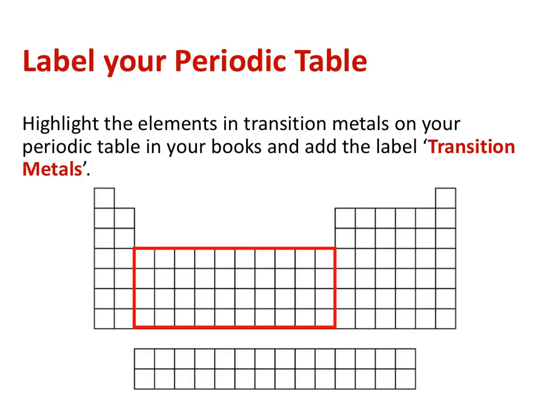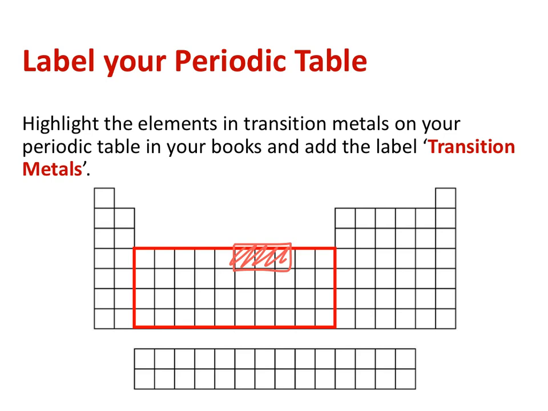So another opportunity to go to your blank periodic table that's probably looking not so blank now. Highlight the elements in the transition metals in the centre and label it as well. You might already have some information in there about maybe iron, cobalt and nickel, so the magnetic elements.